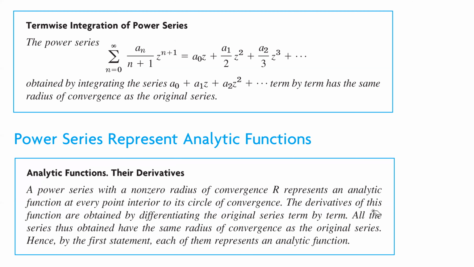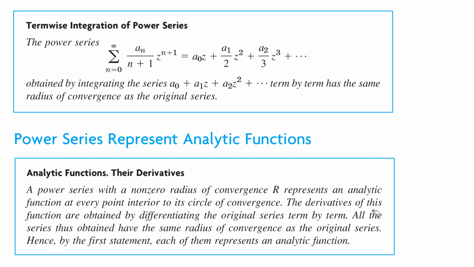All right, so power series represent analytic functions. This is very important because all of these things that we are doing are for analytic functions, and power series represent analytic functions. Therefore, if you work with power series, in fact, you're working with power series of analytic functions. So a power series with a non-zero radius of convergence R represents an analytic function at every point interior to its circle of convergence.